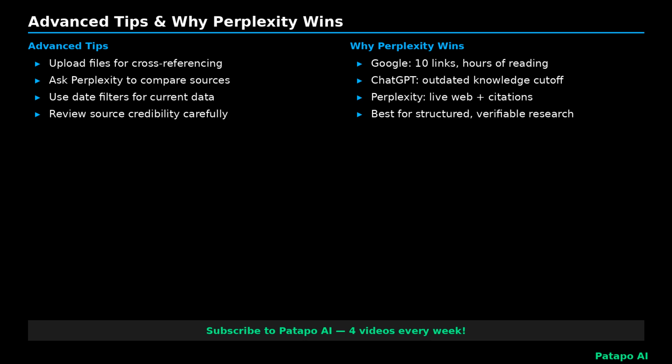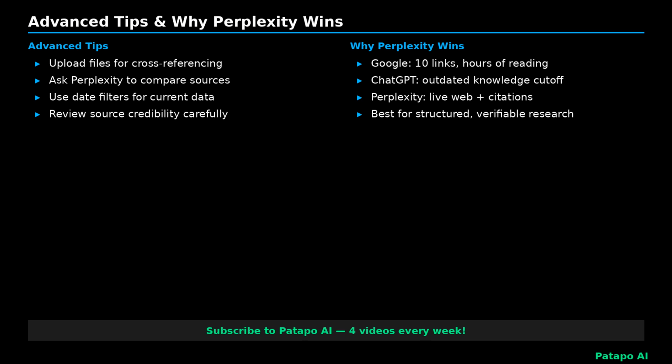You now have a complete toolkit for using Perplexity AI as your primary research engine. You know how to create your account, run basic and pro searches, use focus modes to target specific source types, organize your work with collections, create shareable pages, and apply advanced techniques that most users miss.